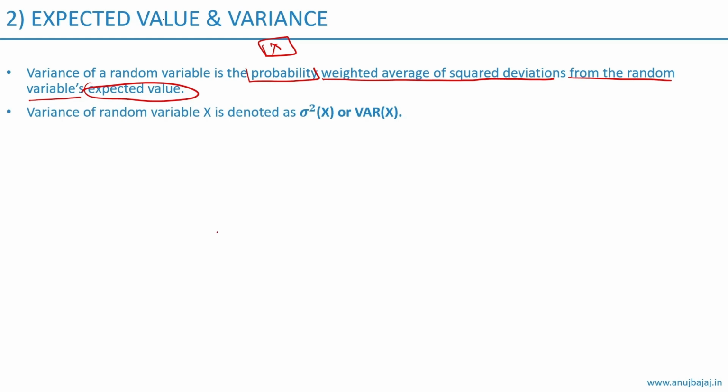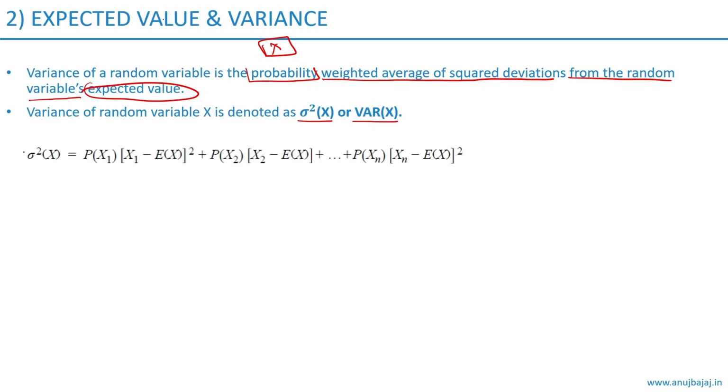Variance of a random variable x is denoted as sigma square x or variance x, and this is the formula of variance, where we take the first possible outcome and subtract the expected value, and we then square it, and the probability of this squared deviation occurring is the probability of this outcome occurring.